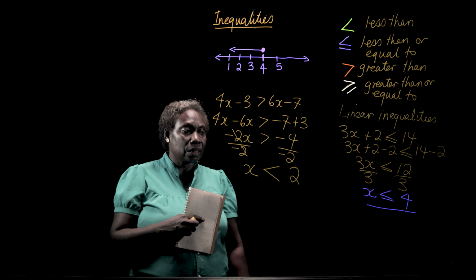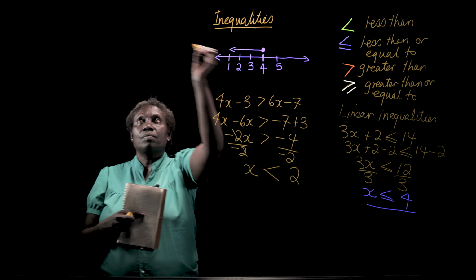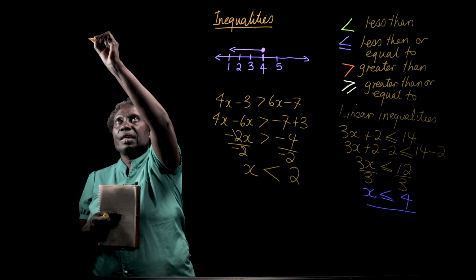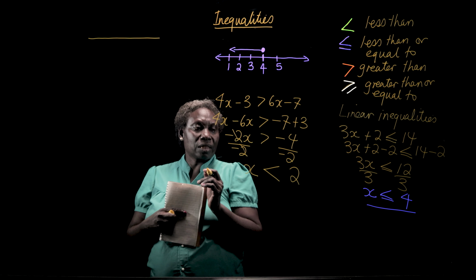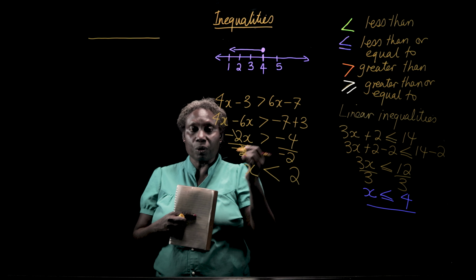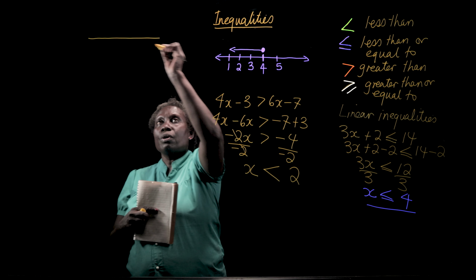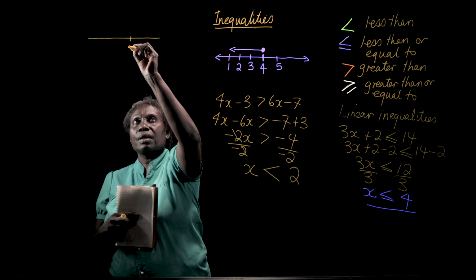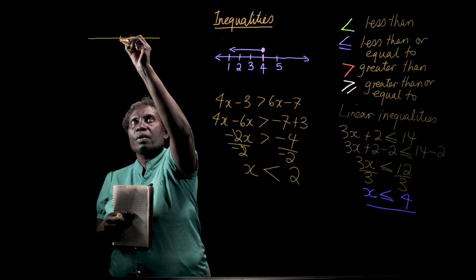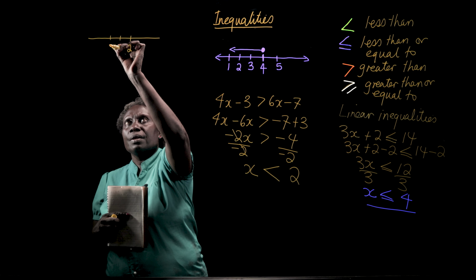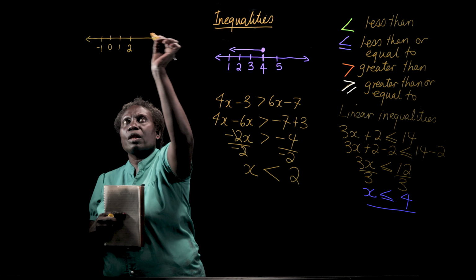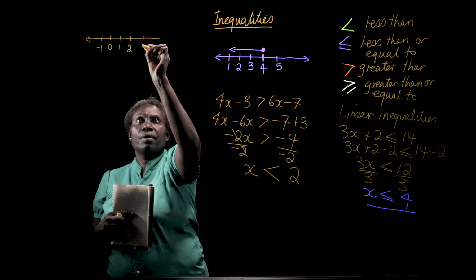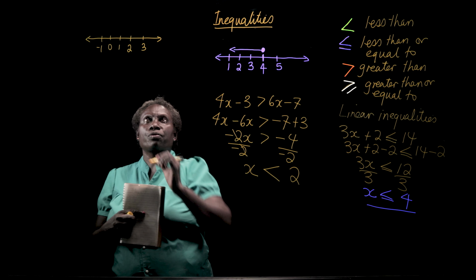How do I represent this on a number line? I have a number line here. These are all the numbers that are left of 2. Because it is less than 2, I'll start with 2 here. I have 2, 1, 0, negative 1, and the numbers will continue on. I will have positive 3 to the right of 2.